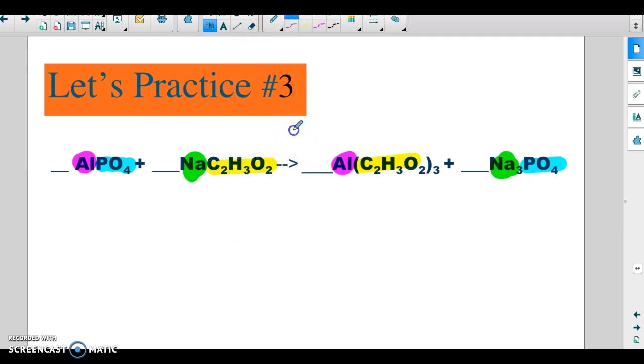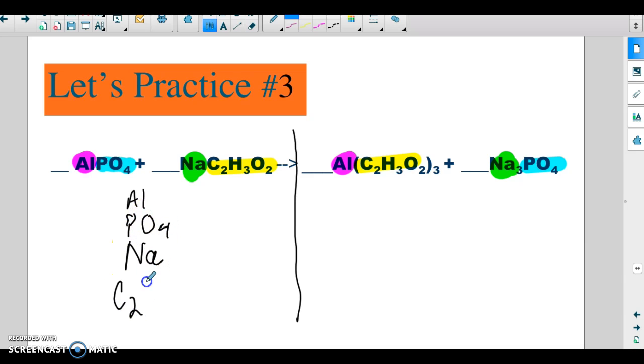So for this problem, I'm going to do this one with the table. So I'm going to list everything I'm going to balance over here, and I'm going to keep my polys together. And then let me explain. So over here, I have one aluminum, one of these phosphates. It's all one thing. You can imagine that there's a parenthesis with a 1.